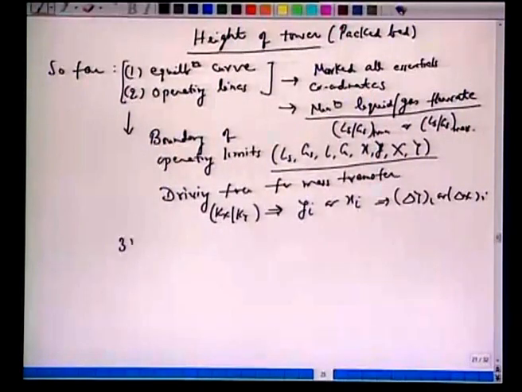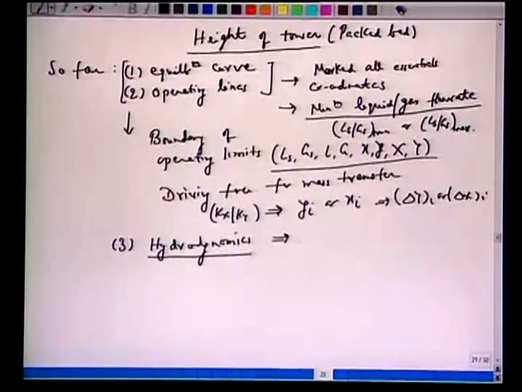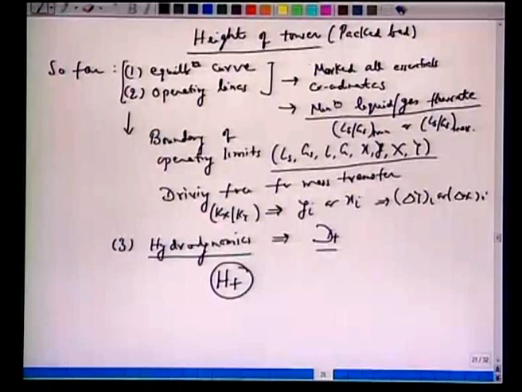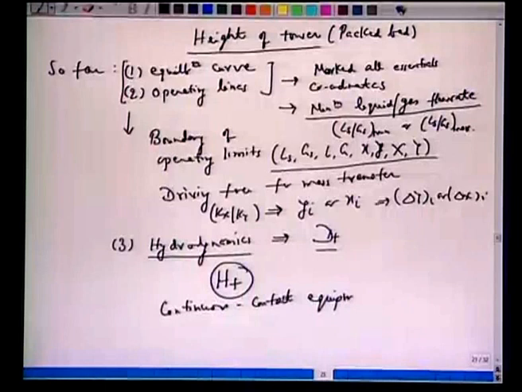Then we went ahead and did hydrodynamics. Hydrodynamics gives us stable operating conditions from the operation point of view. This gives us the diameter. What we are interested in now is the height, ht. So, the height of a packed bed tower or absorption column, which, again you recall, is nothing but continuous contact equipment.